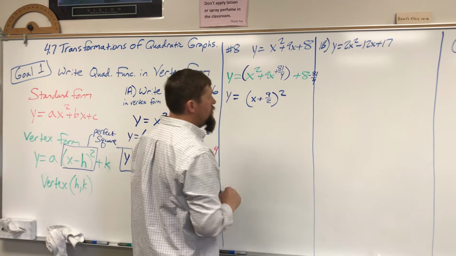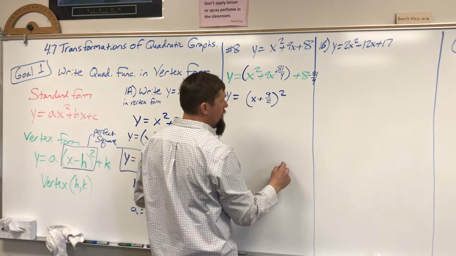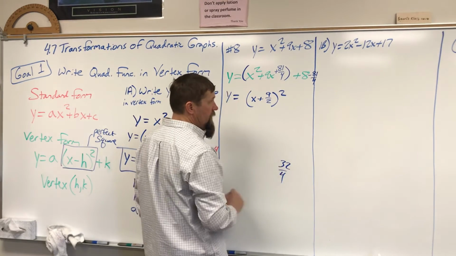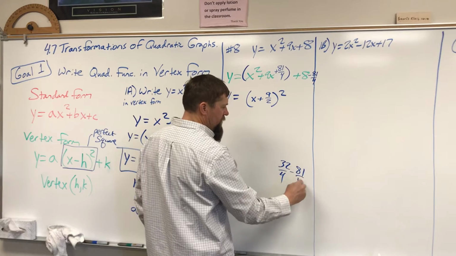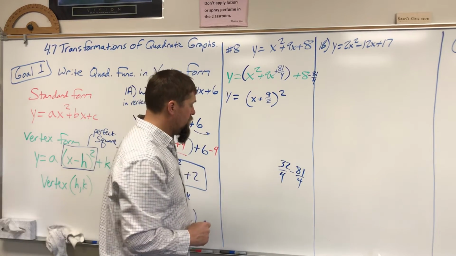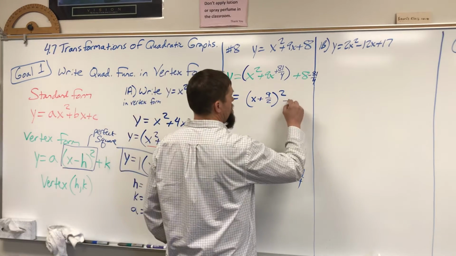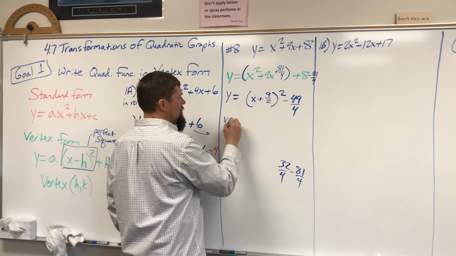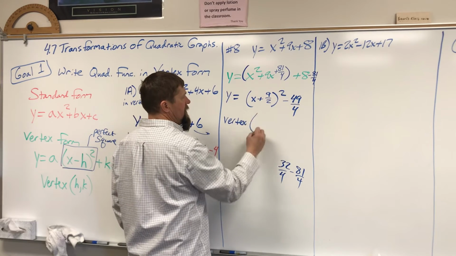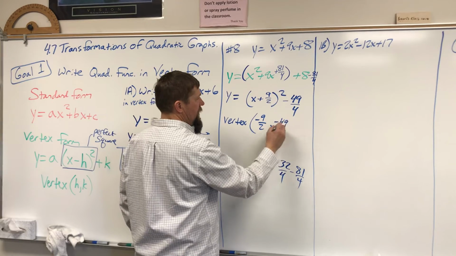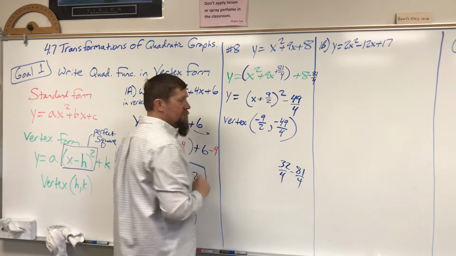You might need to do a little bit of math. 8 is the same as 32/4, minus 81/4, which is -49/4. So my vertex is (-9/2, -49/4). There is my vertex.